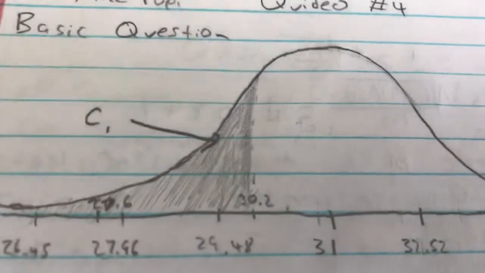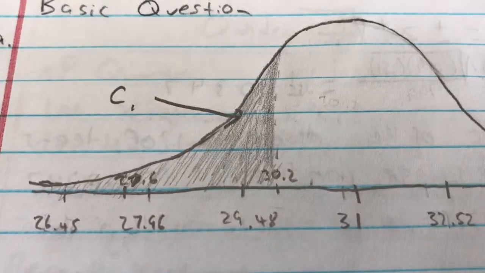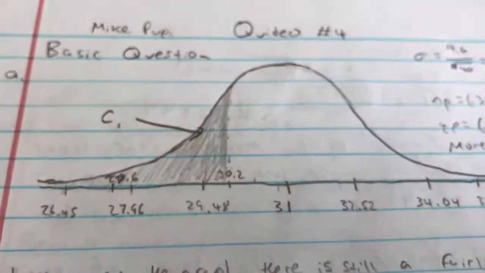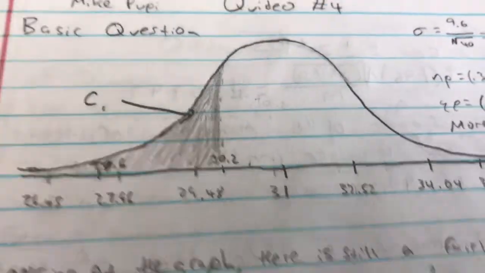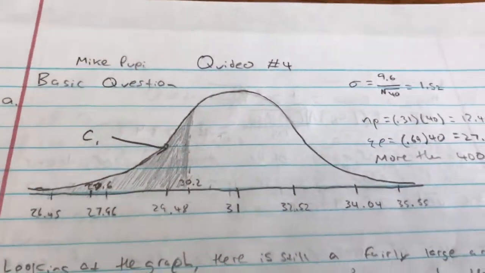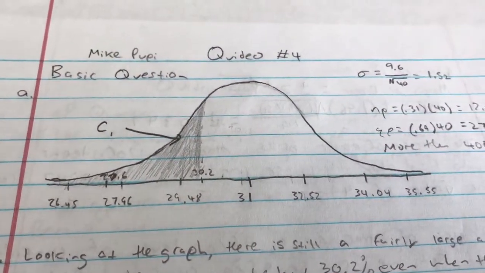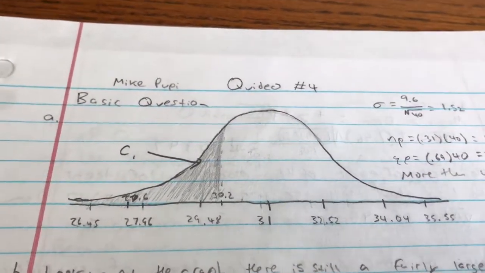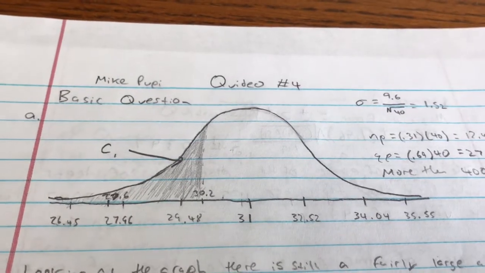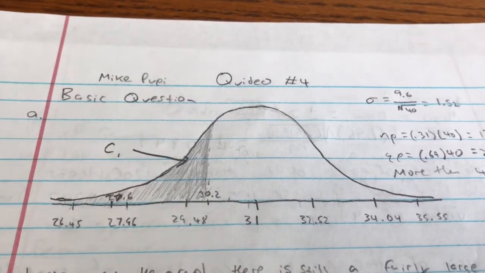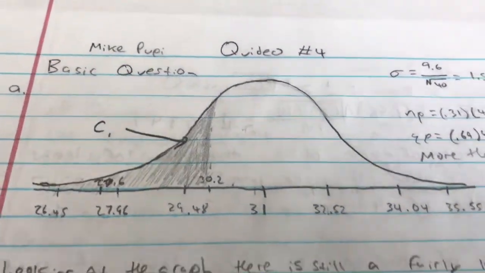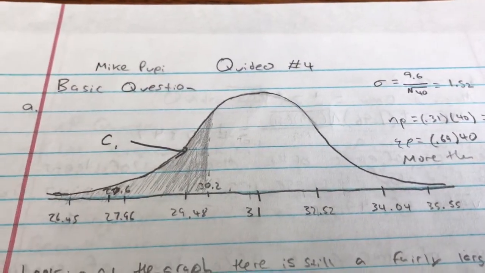So 30.2% is right there, and it's not quite even a standard deviation away. So you really can't say that that's significantly far enough from the mean to reject the null hypothesis, because as you can see there's still a lot of data before that point.